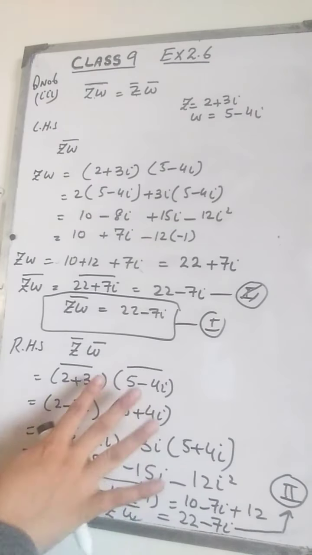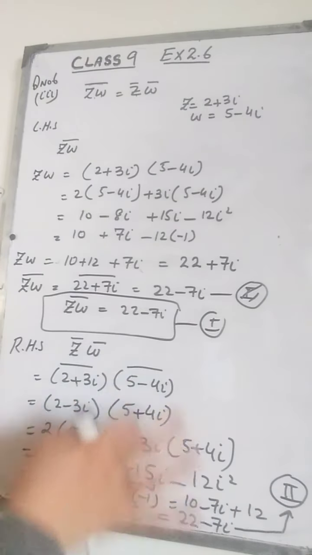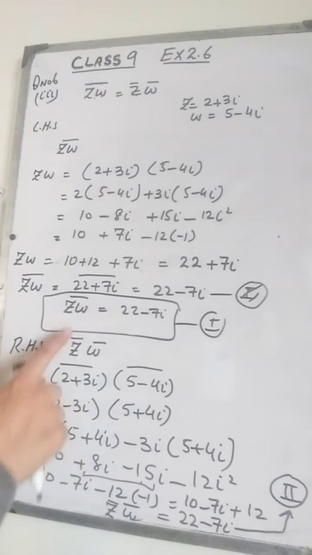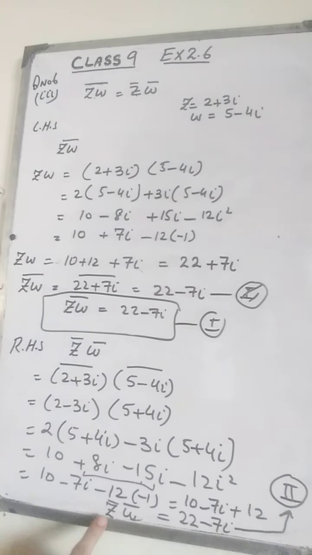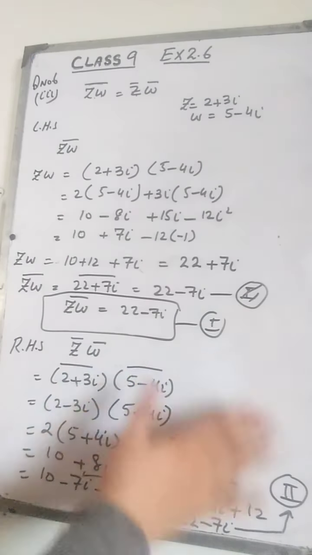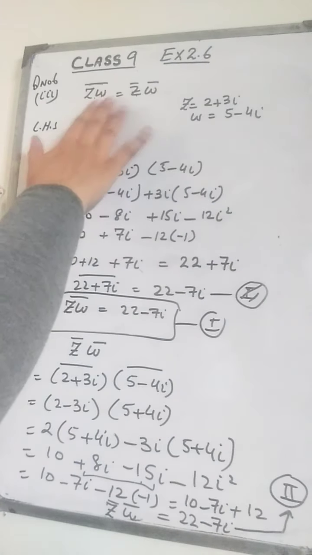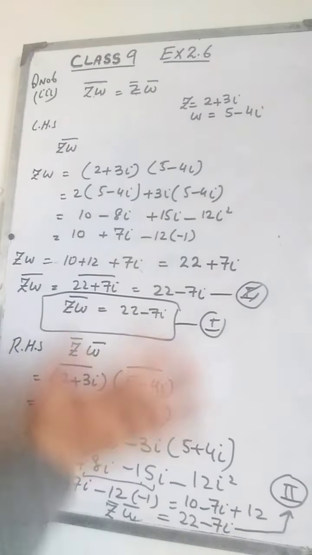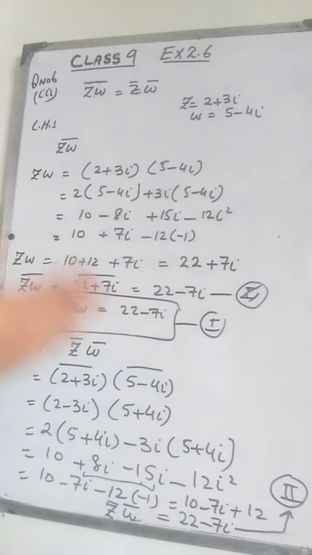It means that all the calculation is correct. So we have shown that z w whole bar is equal to z bar into w bar, and then write the conclusion that from equation 1 and 2 this expression is equal to this. That's it for this. This completes the question. Let's go to the next part.